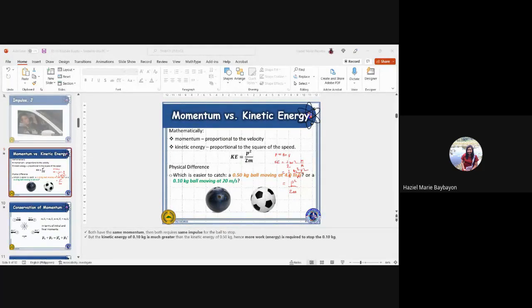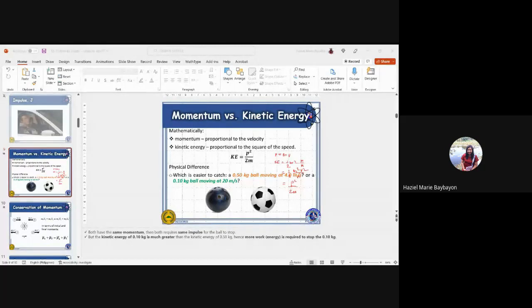And then, kining isa, 1/2 times 0.1 times 20 squared. 20 squared is 400, no? 400 times 0.1 is 40, times 0.5 is 20. So kini siya, ang iyang kinetic energy is 4 joules. This one, ang iyang kinetic energy is, pila to? 20 joules, ma'am.